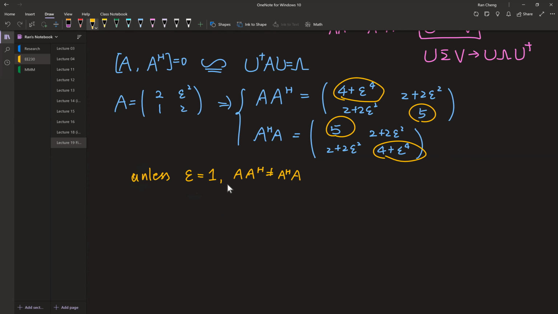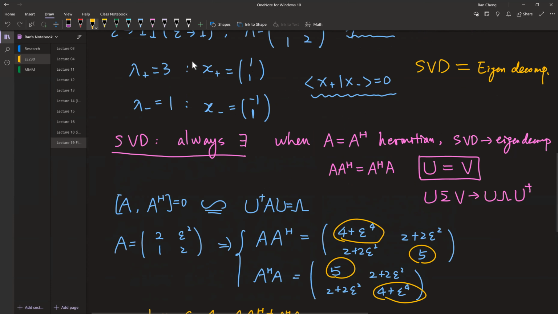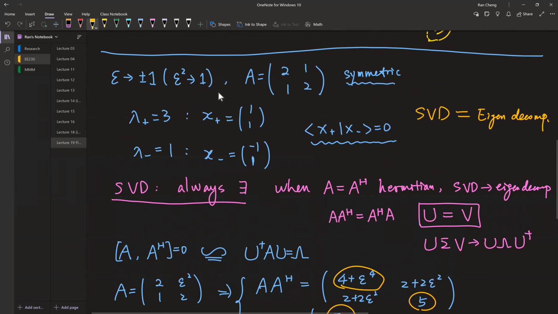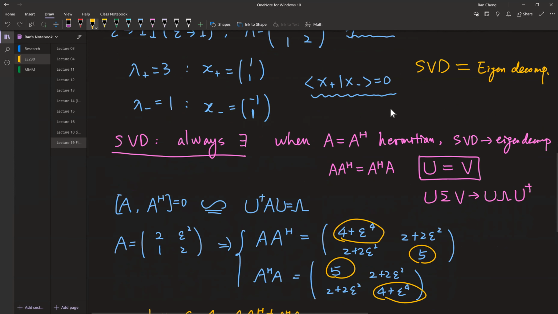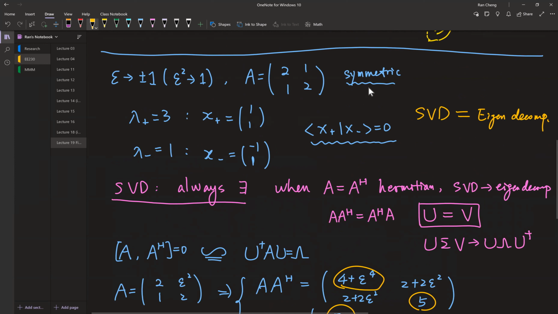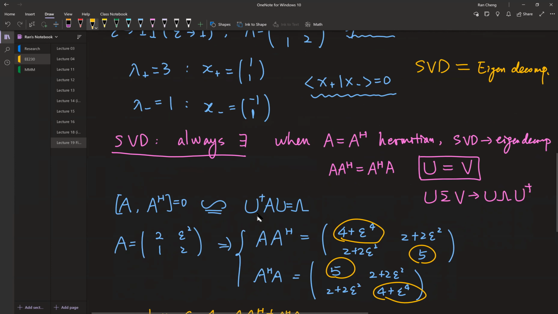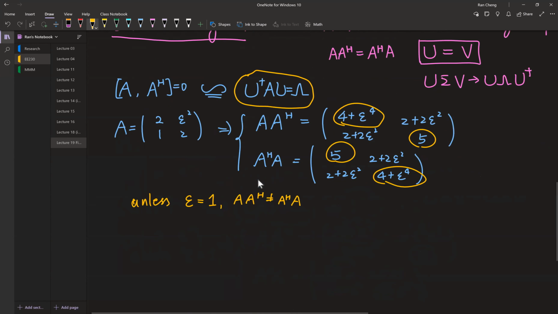Only at epsilon equals 1 could we have this. And we see that the particular point of epsilon equal to 1 is where A becomes Hermitian or symmetric. And at that particular point, the SVD reduces to the eigendecomposition, and A is unitarily diagonalizable.